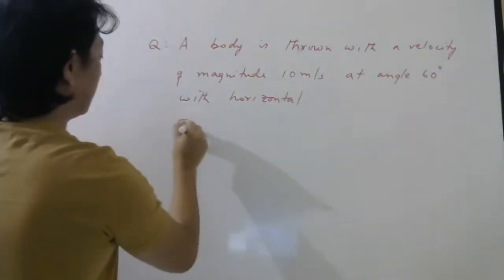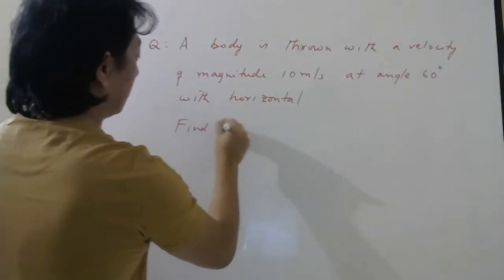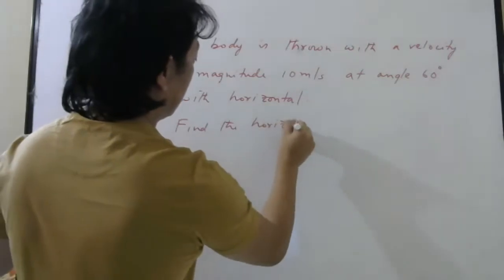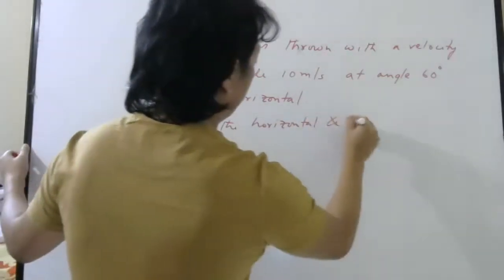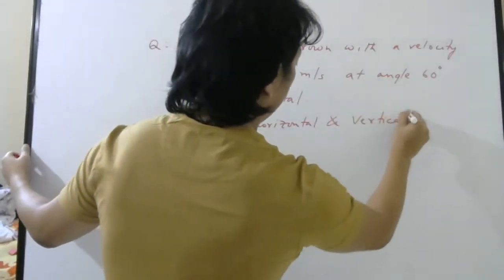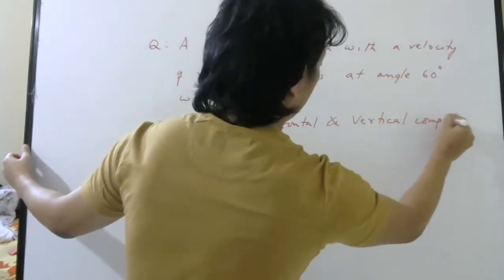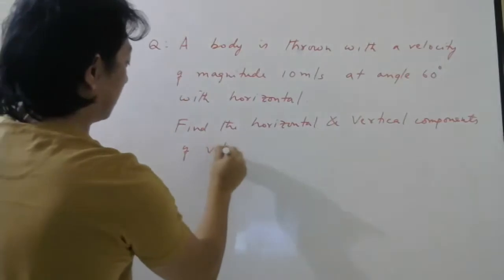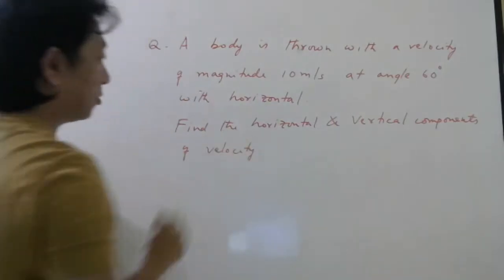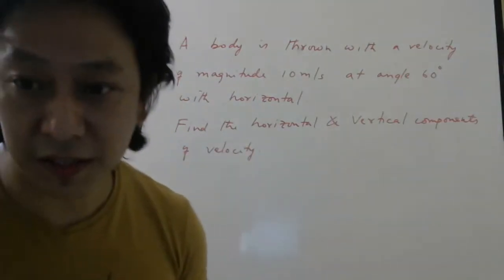Okay, find the horizontal and vertical components of velocity. So here, which is the vector we have discussed?